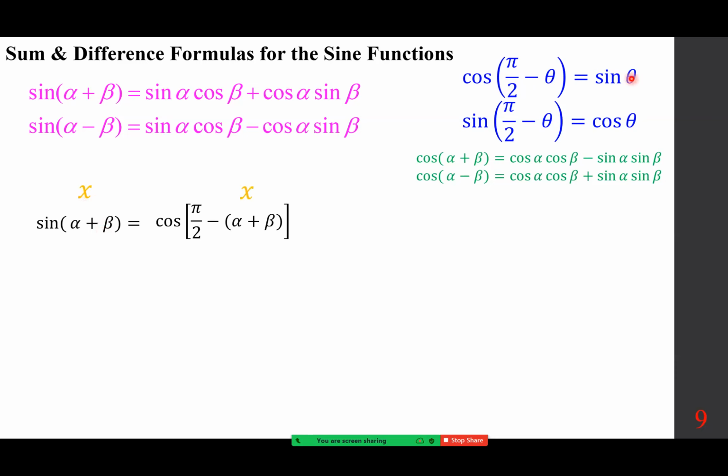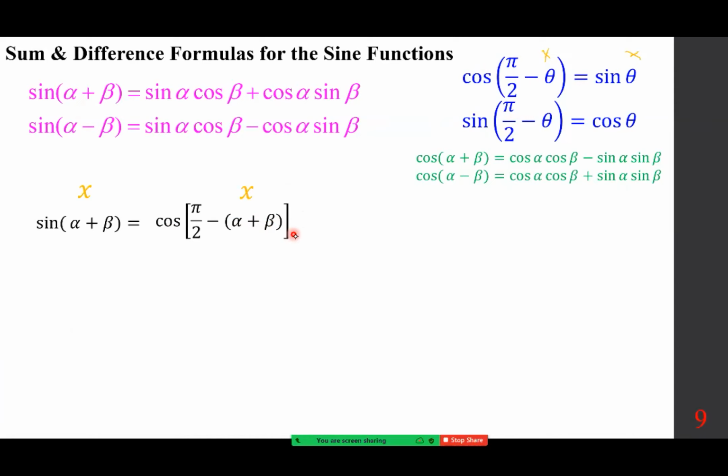So class, x can be theta, or x can be alpha plus beta, anything you want it to be. Whatever this value is, if you put it here, it works. So this is alpha plus beta. That's what we did.